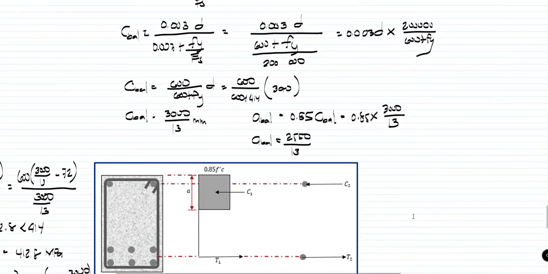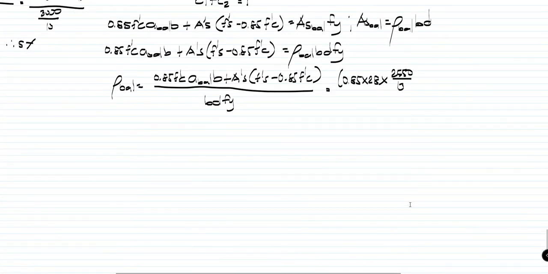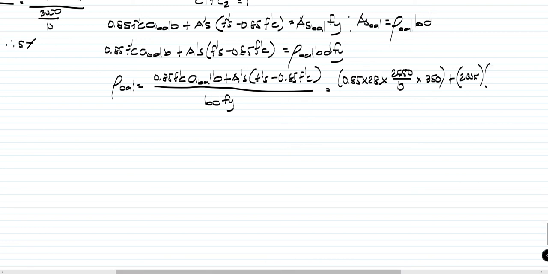Double check lang natin. Times b, which is 350, plus our A's, which is 200 pi, times f's, which is 2064 over 5 or 412.8.